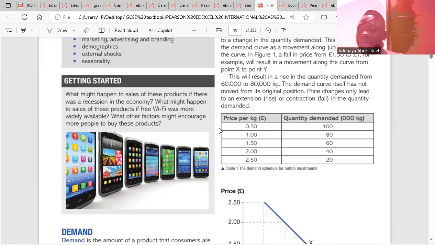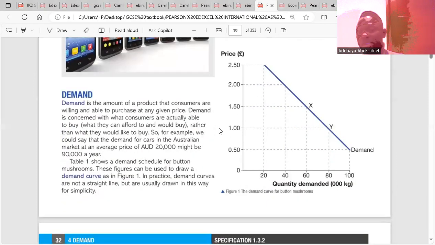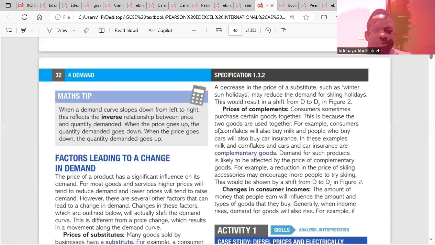So when you check the quantity demanded, as soon as the price increases, the quantity demanded falls, or as soon as the price falls, the quantity demanded increases. I think that is clear. So that's the graph. That's the demand curve, which is the graph that shows the relationship between the quantity demanded and the price of a product.